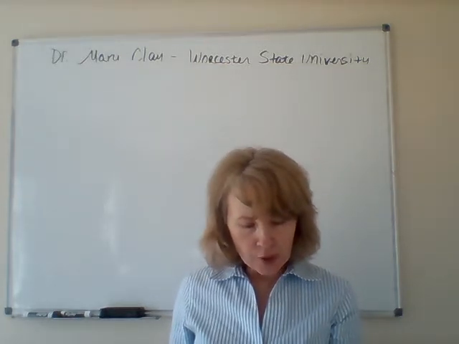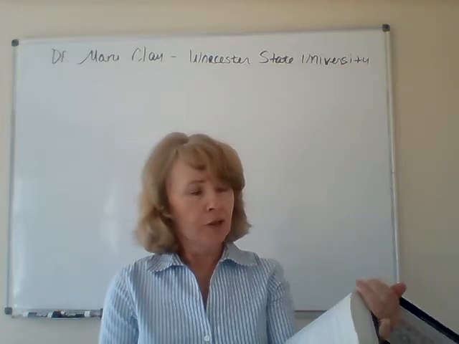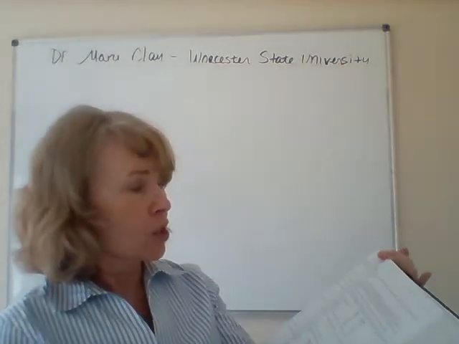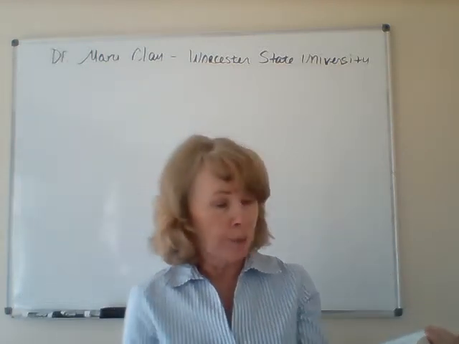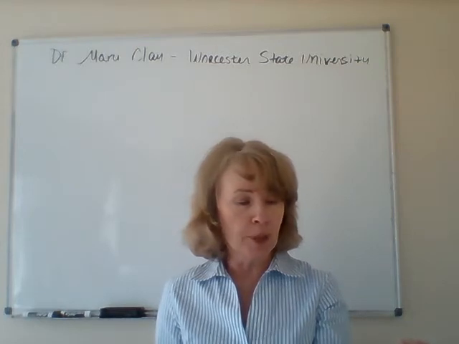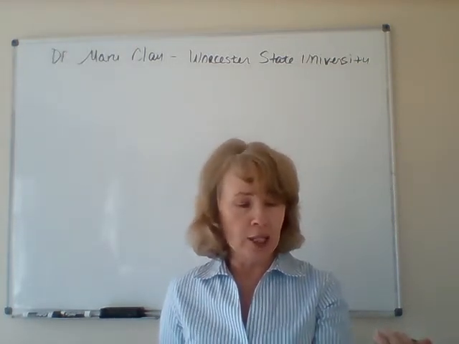Okay, so this problem that I'm going to go over is straight from your textbook. It is from exercise 7-12, and it starts with: the company was formed on December 1st, 2015 and uses the periodic inventory system. It gives you the following information.